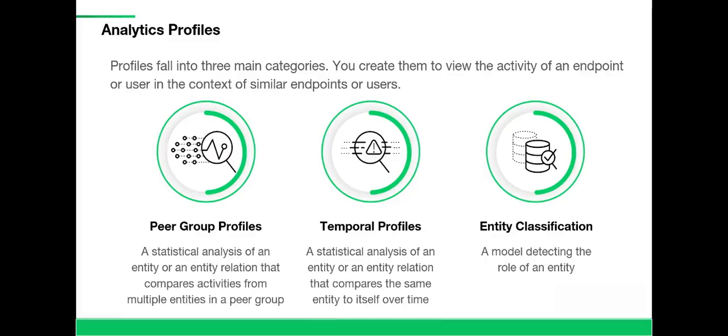But the same activity executed on a regular station may not be normal. So it gives analytics the ability to distinguish different types of entities. Entities, by the way, could be endpoints, hosts, users, could be processes. So this is all considered entities.